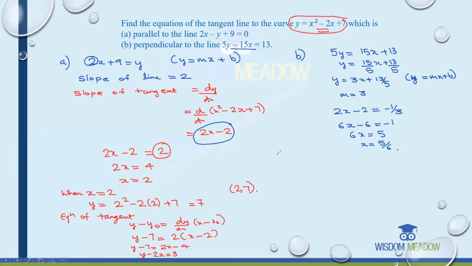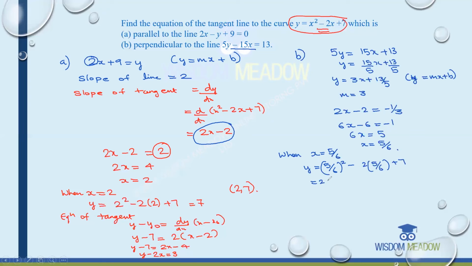Now solving for the y coordinate, when x is equal to 5/6, y is going to be (5/6)² − 2·(5/6) + 7.